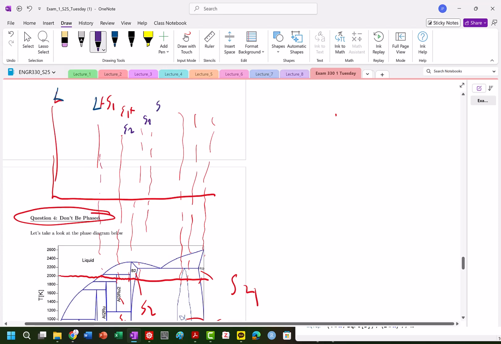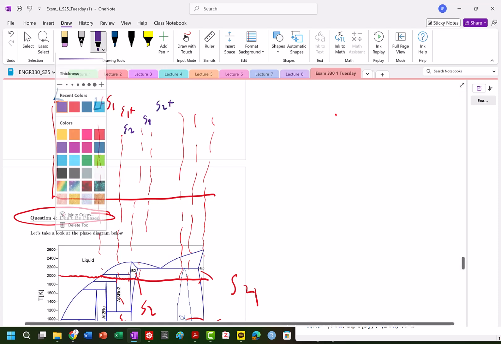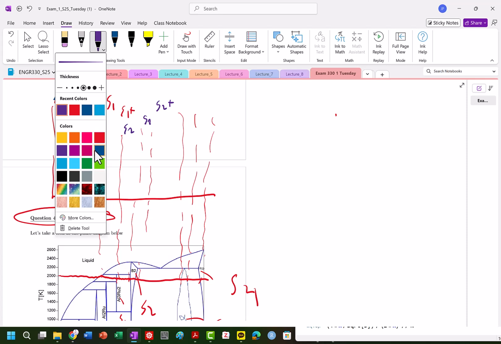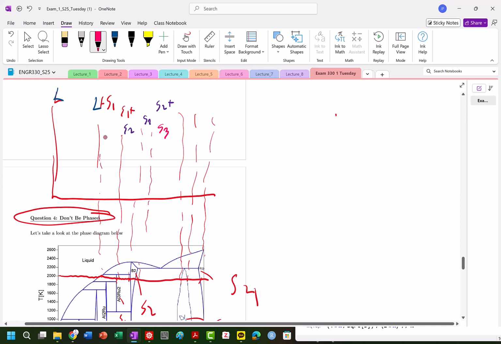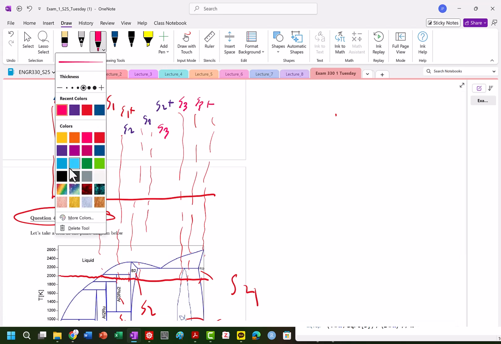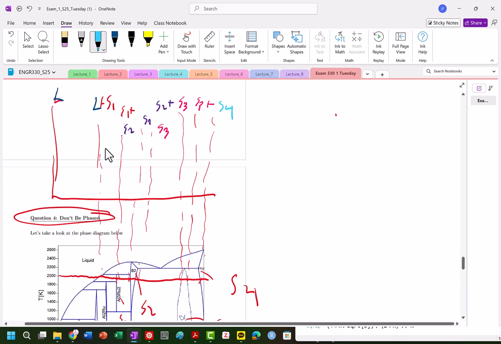And then we are going to be in S2 plus S3. Then we're going to sit in S3 for a while. And then we're going to be in S3 plus S4. And then we'll be in S4 here.